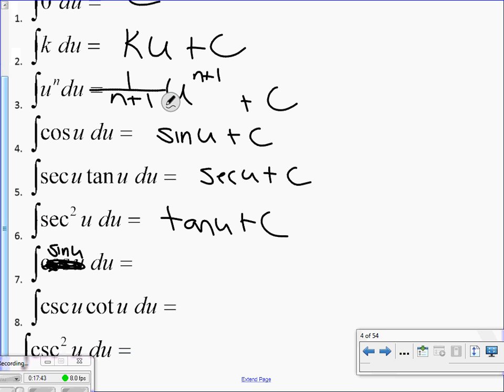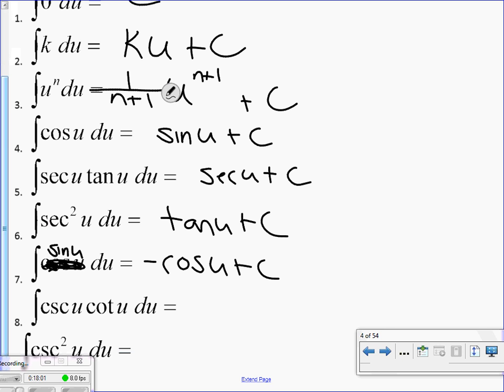Secant squared u du. Oh, whoops. Double mistake. What is it? Negative cosine u du. Oh, what did I do? I don't know what I did.